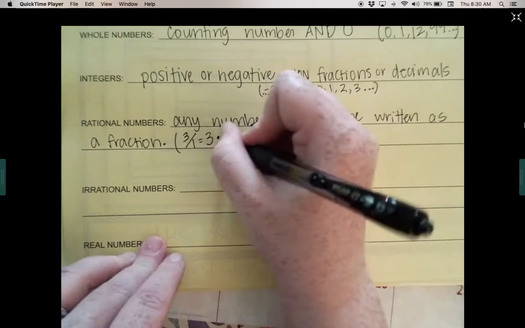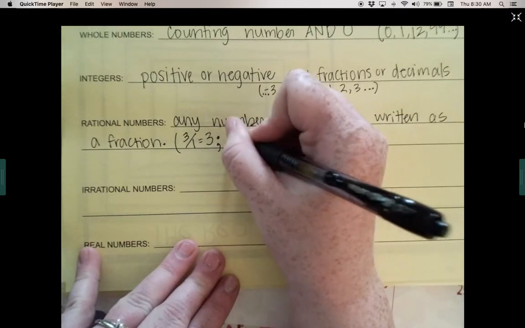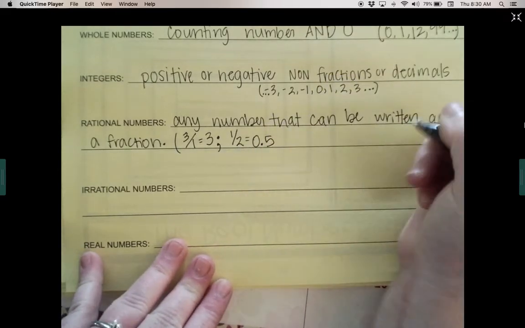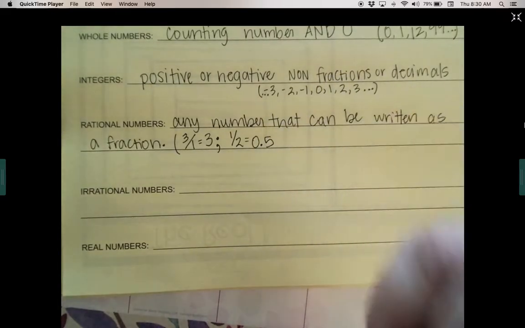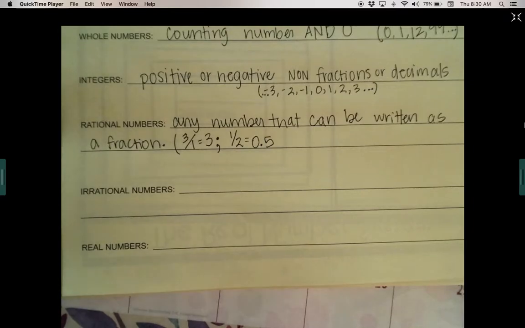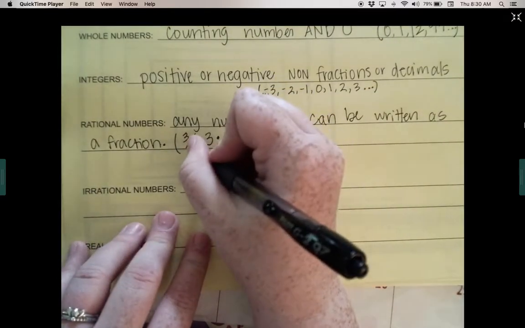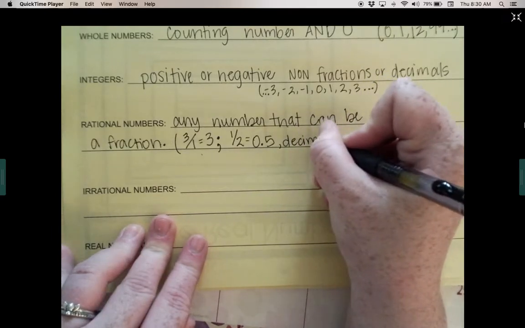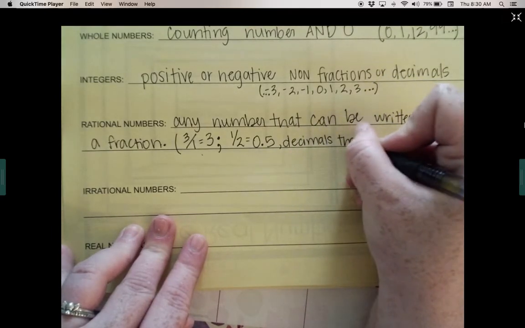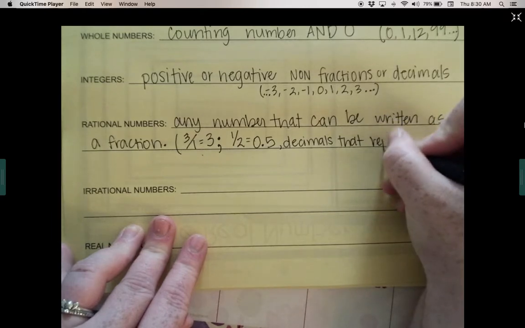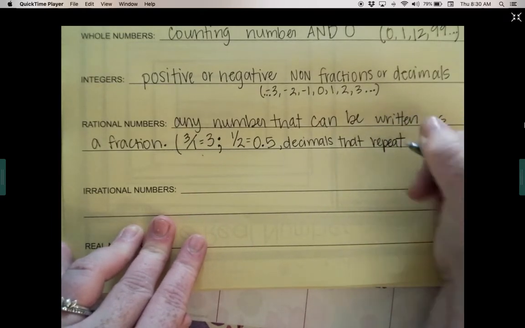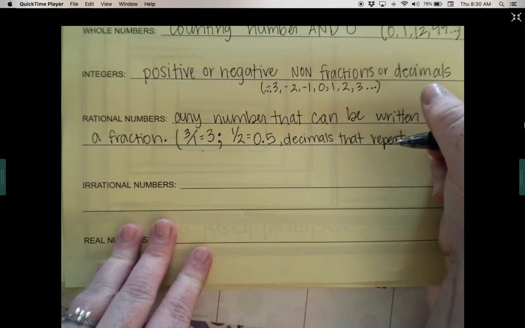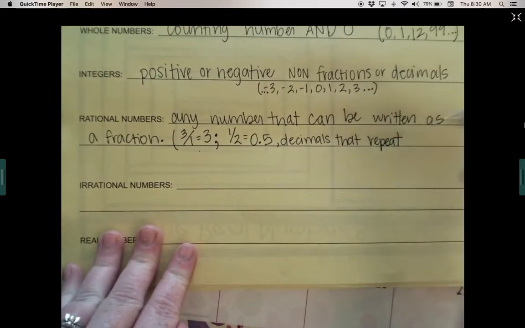It could be a decimal, like 1/2 is the same thing as 0.5, but I can write it as a fraction. So decimals that repeat. Like, remember when we did 1/3 is 0.3333333 on and on with that little bar over it?